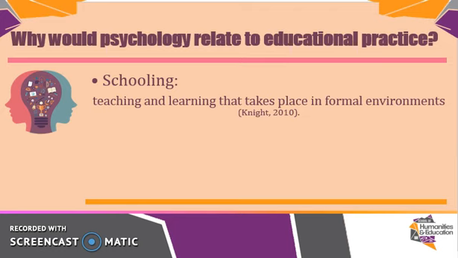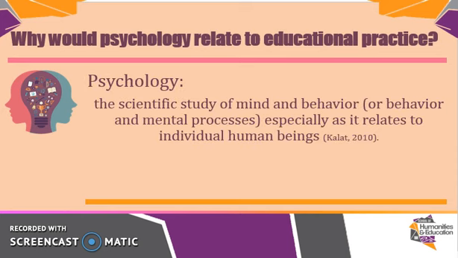The answers come from the research into why people behave the way that they behave. What happens in the mind when individuals learn? And where can we get that information? We get this information from psychology, which is the scientific study of the mind and behavior, or the mental processes that occur within an individual mind.